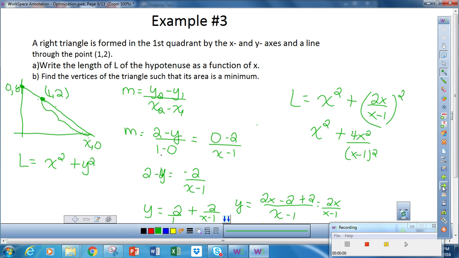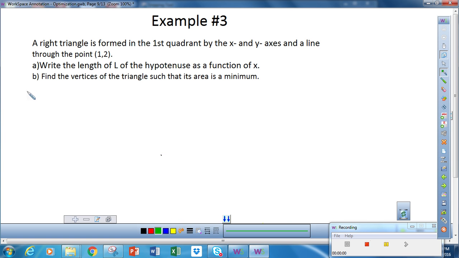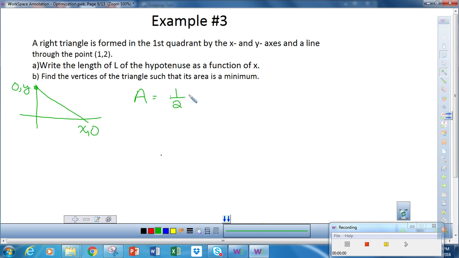Find the vertices of the triangle such that the area is a minimum. So if I want my area to be a minimum, going back to the equation that I just had, let me draw that again. So remembering that this is (0, y) and this is (x, 0). The area, my primary equation, is going to be 1/2 x times y, the area of a triangle.